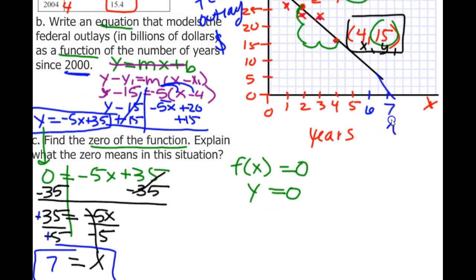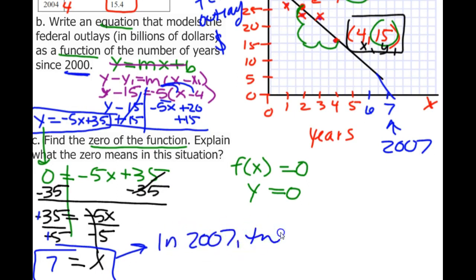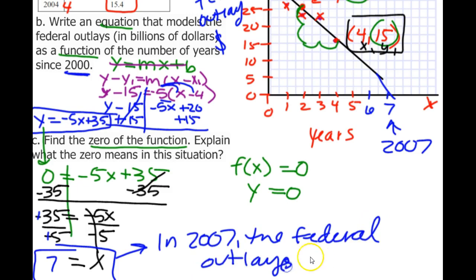So this would really be the year 2007. So to explain this, you could say, in 2007, the federal outlays were at 0. Or when the federal outlays ran out, there's no money left.